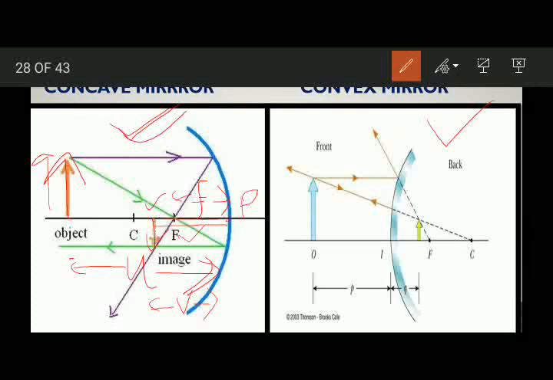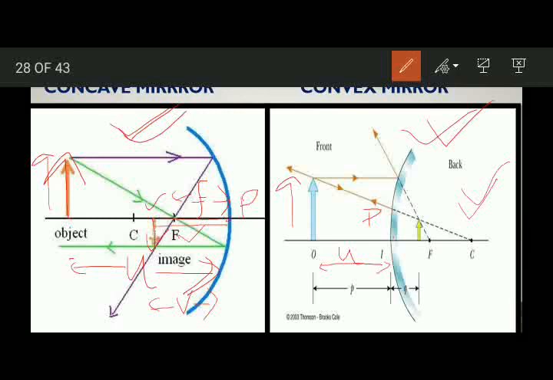Similarly, in case of convex mirror, we can see the object here. The distance between the object and the pole, if we consider this point as pole, is known as small u, object distance. In convex mirror, the focus is on the right side and center of curvature is also on the right side. Note down this, that in convex mirror the focus and center of curvature are always on the right side.